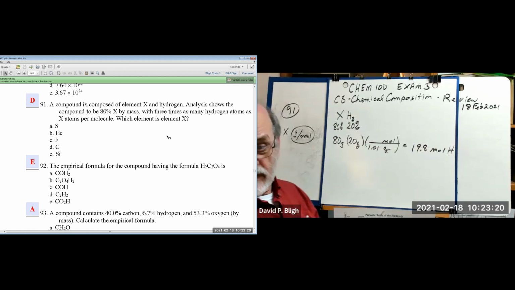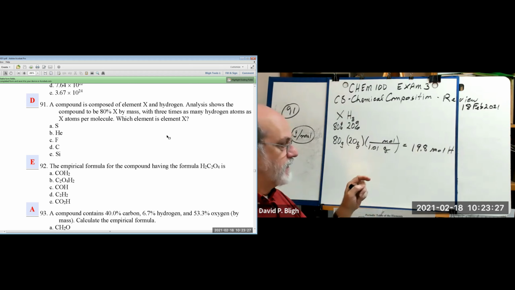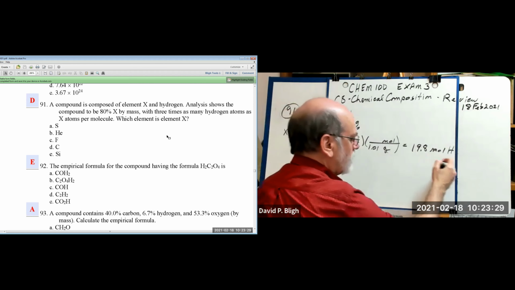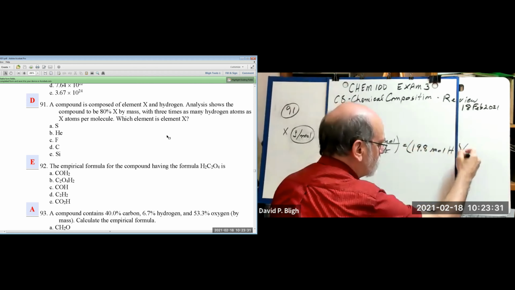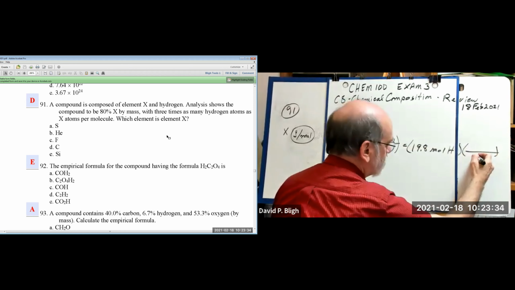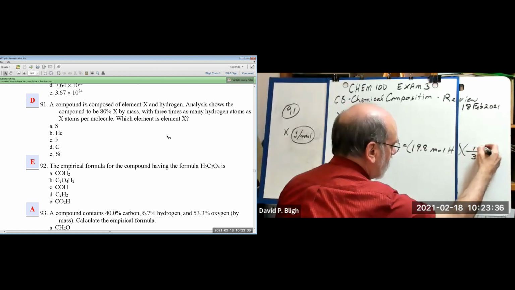Okay, now that we know how many moles of hydrogen is, we can find out how many moles of X there are, right? Because we know the ratio. The ratio is 3 hydrogens for 1 X.